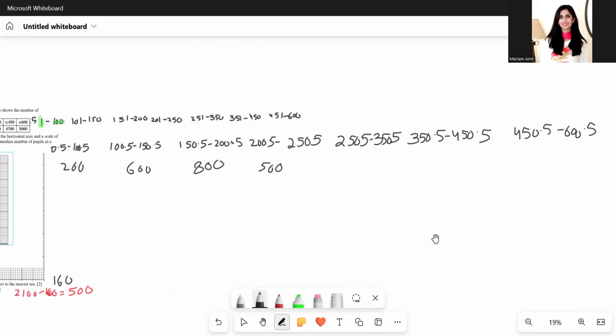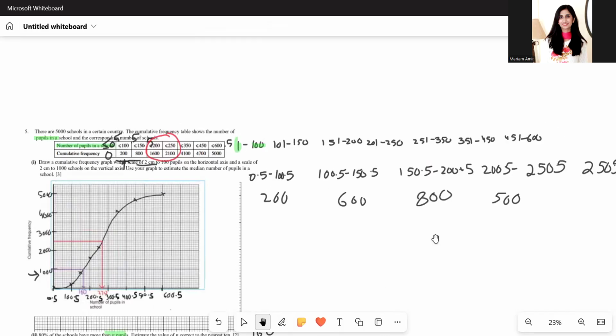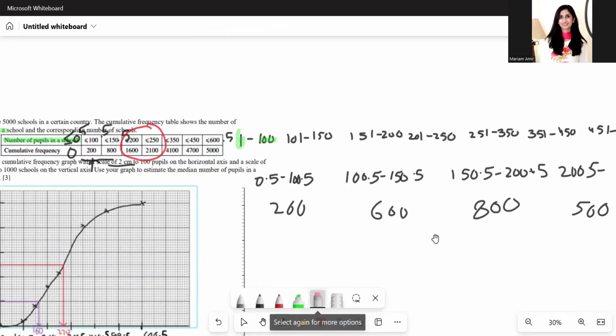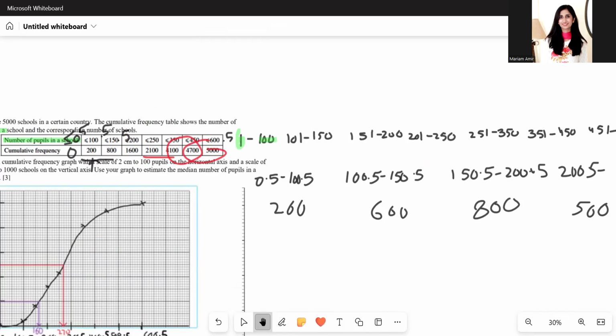And then when you keep subtracting the two frequencies, we'll get after 500, we will be subtracting these two, which will give us 2000, then these two, which will give us 600, then these two, which will give us 300. So let's fill it up.